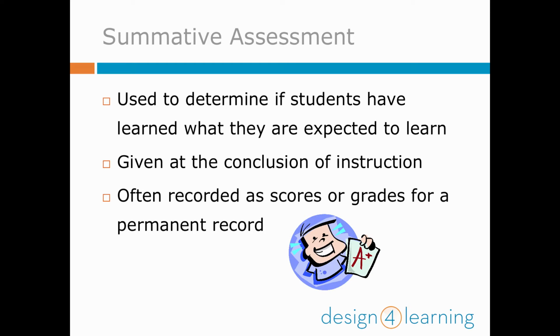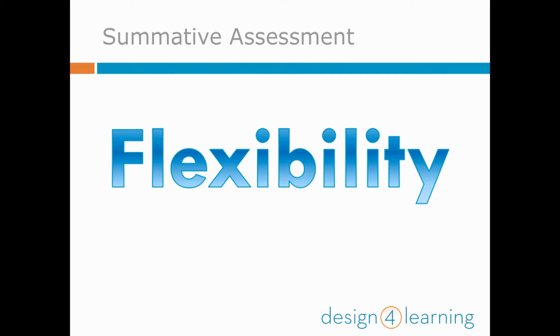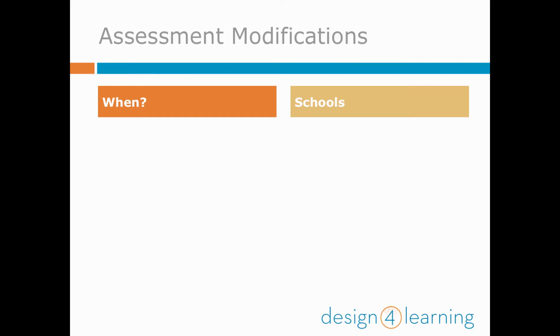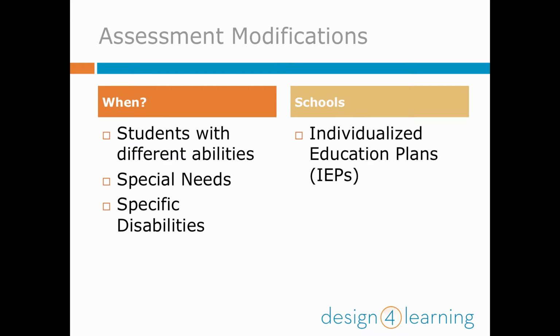But all of this doesn't mean that it's the same for every student. One of the attributes of universal design for learning that we addressed in week 1 is flexibility. And whether you're teaching face-to-face or online, as we're focusing on here, you may need to make modifications in your assessments if you have students with differing abilities or special needs. For example, if you're in a school library, you will undoubtedly have some students who have individualized education plans or IEPs.